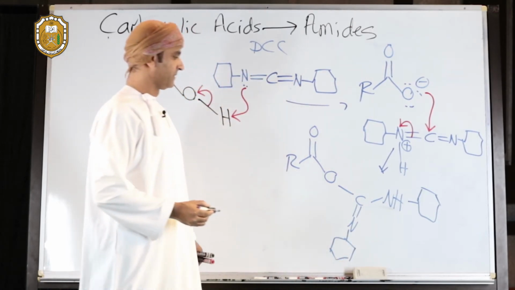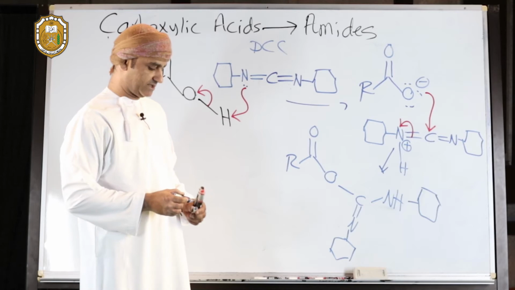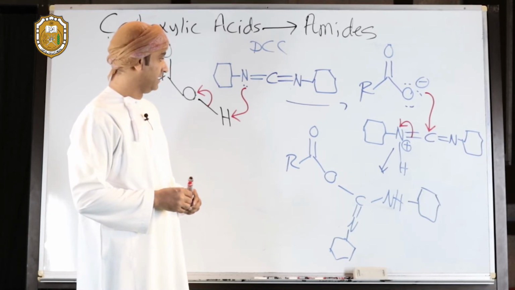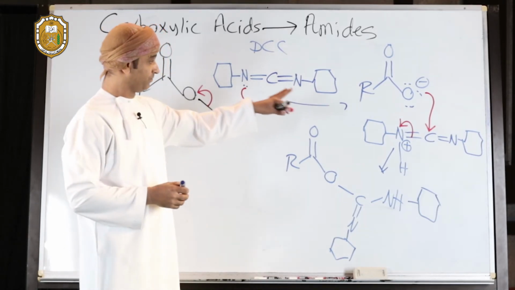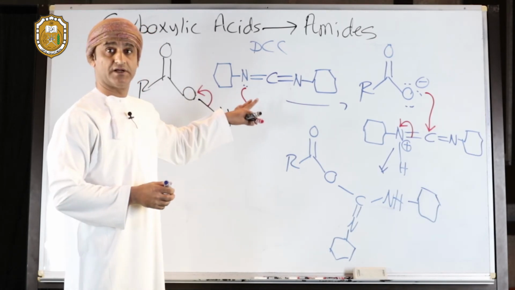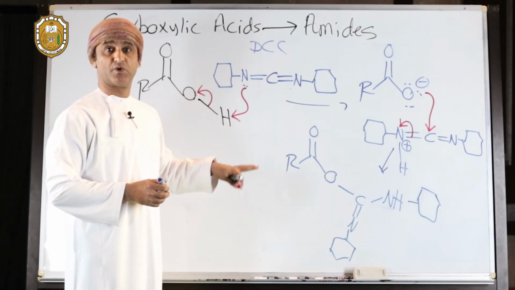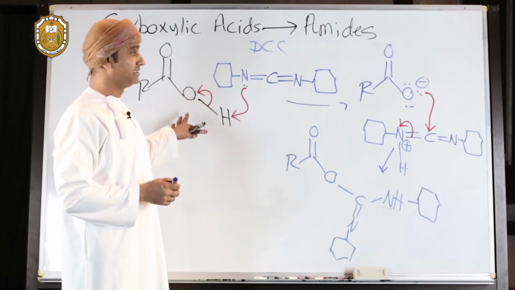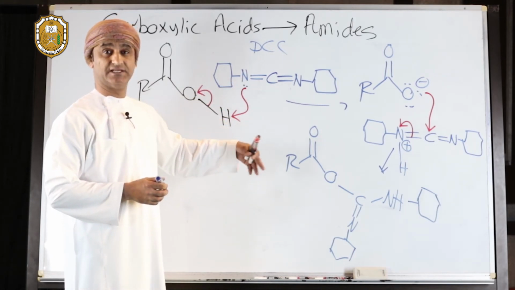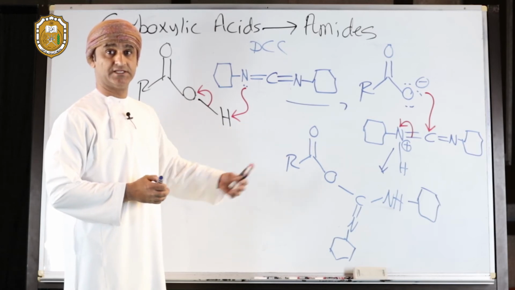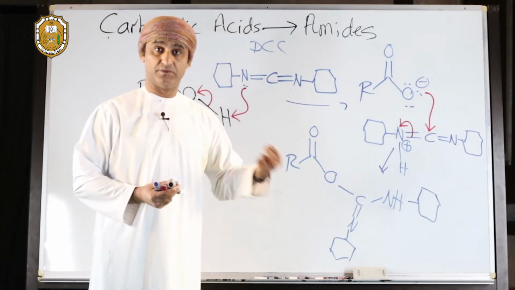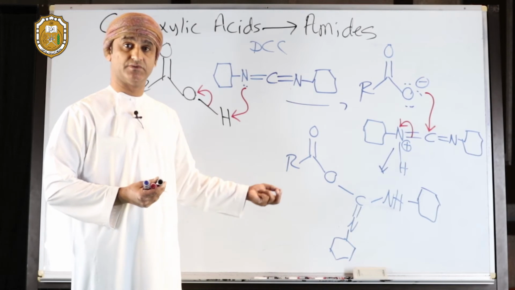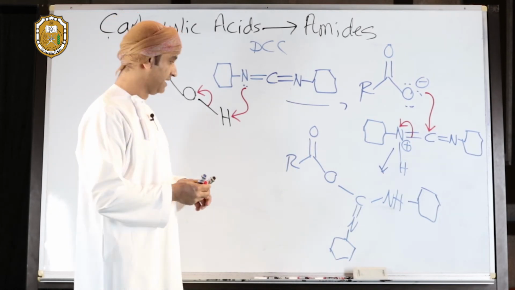So that's the intermediate that's obtained so far. If you look at this mechanism so far, the amine has not taken a role. What happens first is a reaction between DCC and the carboxylic acid to activate the carboxylic acid to facilitate, in other words, the attack of the amine in a subsequent step. And that subsequent step is actually now.